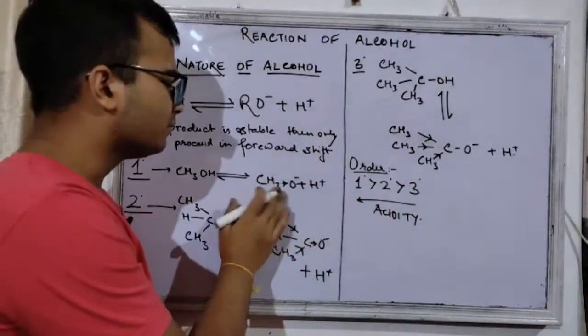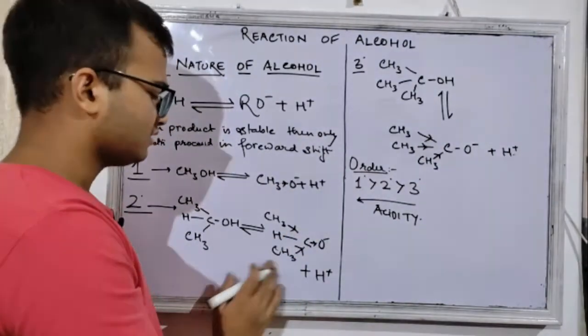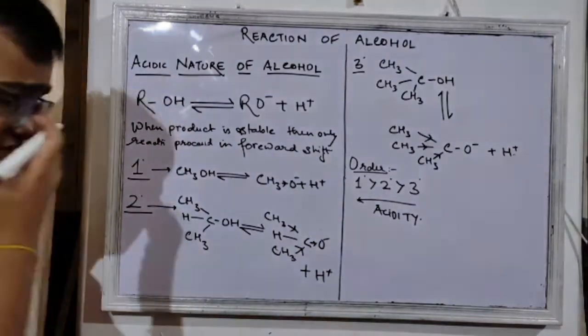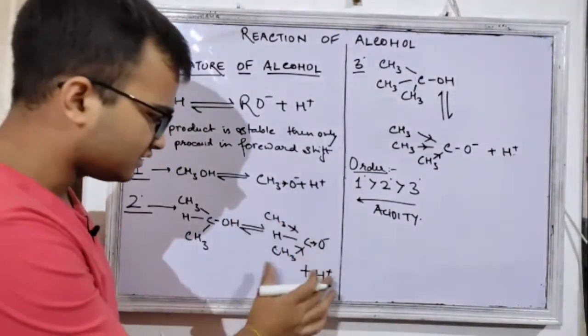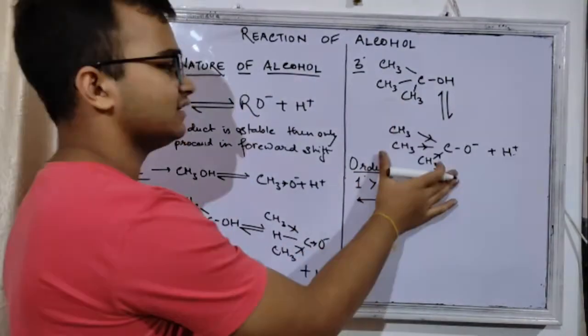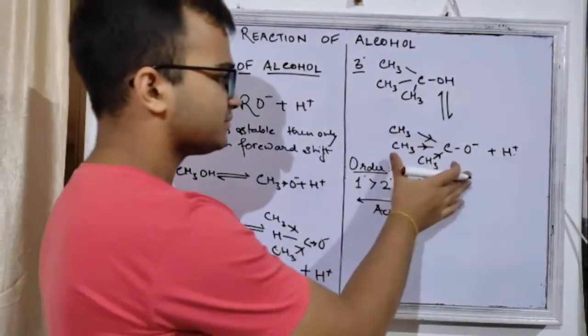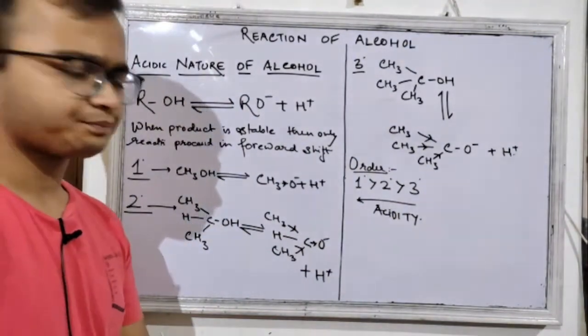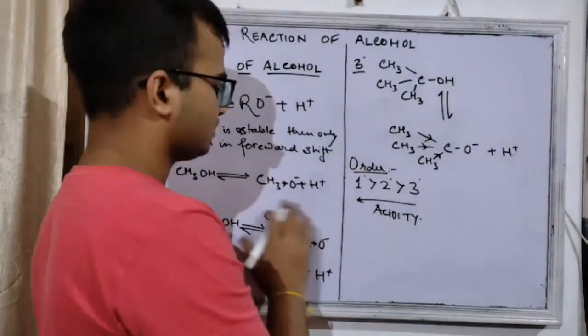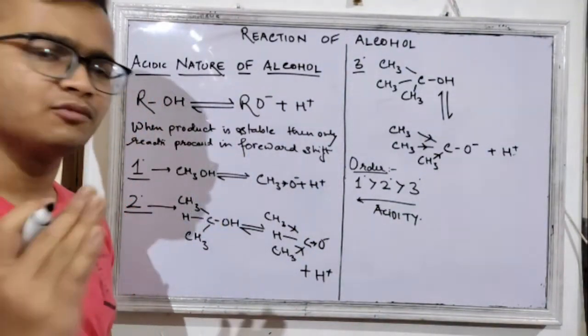That means this is comparatively more stable than when the CH3 is coming in 2 degree or in 3 degree, right? That means this is more stable, this is a little less stable, and this is the least stable. So as a result, this product has a very less tendency of formation. Okay, so the acidity of 1 degree is more than 2 degree and more than 3 degree.